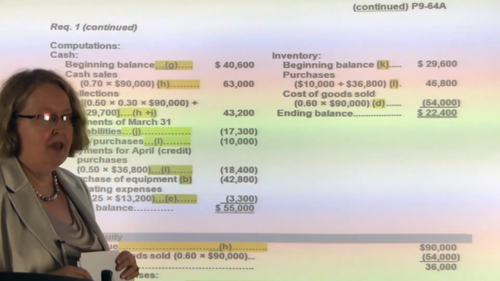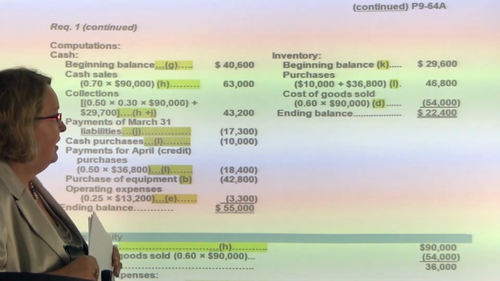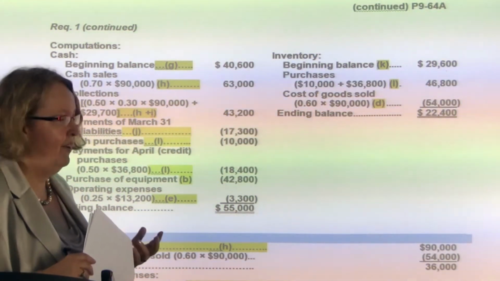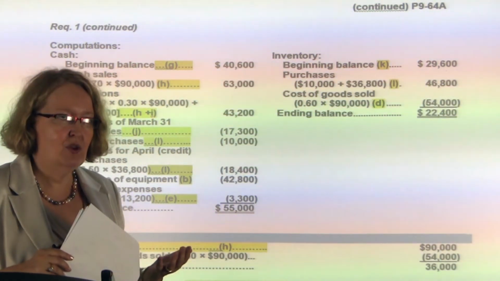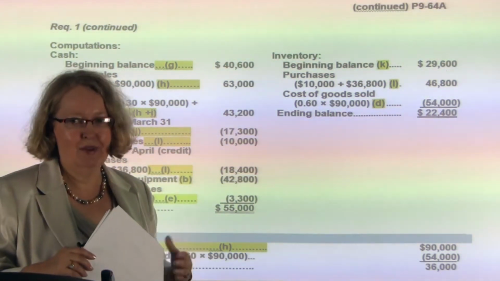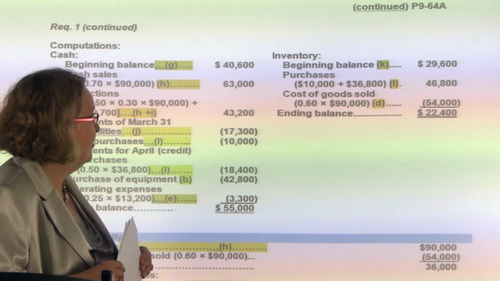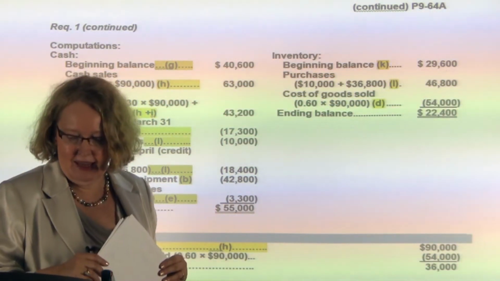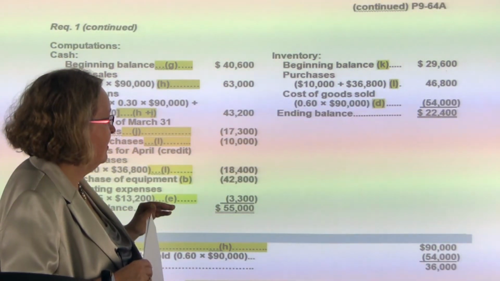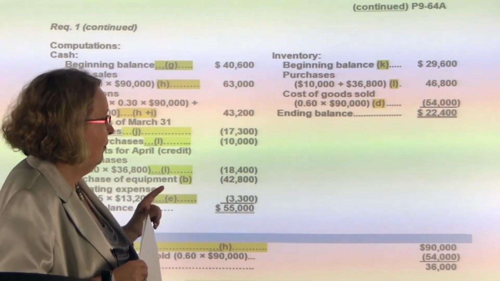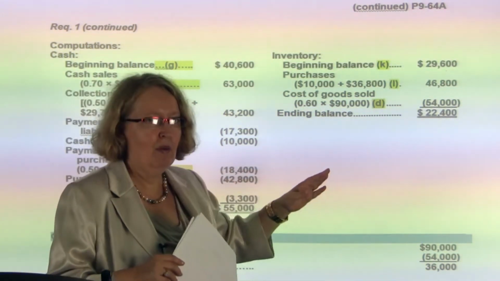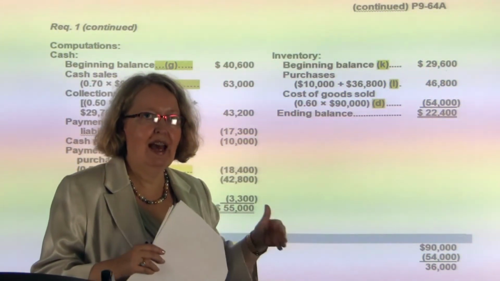The next schedule that we have to complete is inventory. Inventory is always going to be factored as looking at your beginning inventory, what you purchased, less what you sold, will equal what you ended with. So your beginning inventory, that's from K. You're told what your balance is. Your purchases of inventory, the total purchases is $46,800, and here we're not concerned in inventory as to how you paid for it.